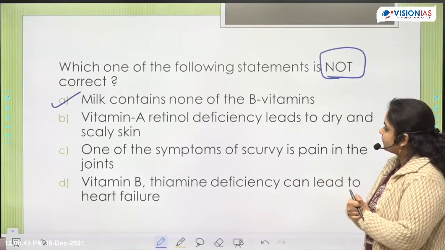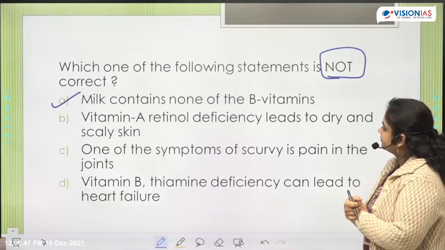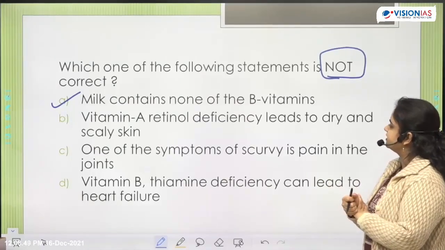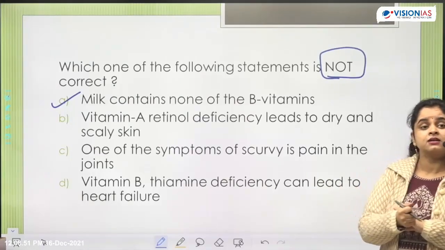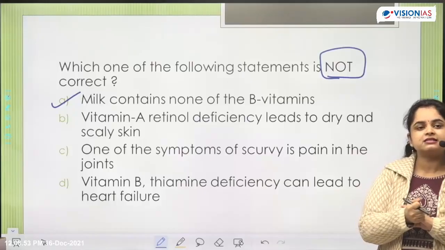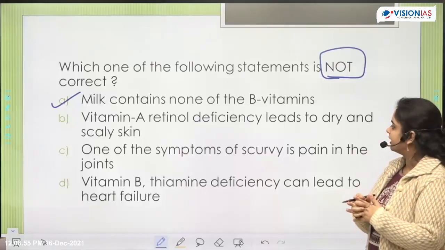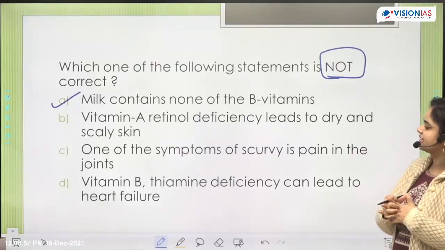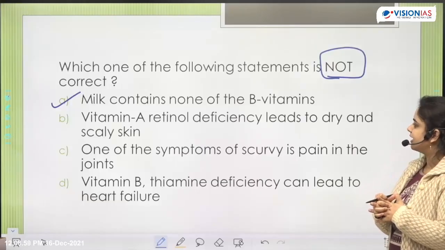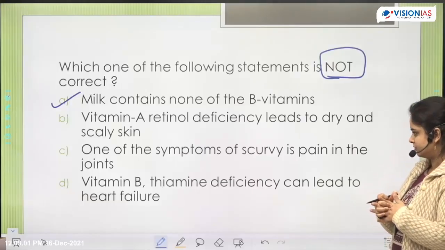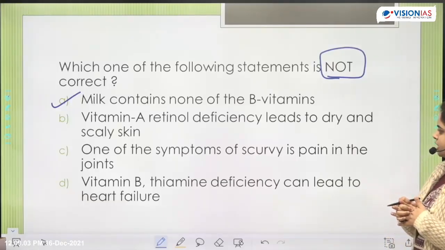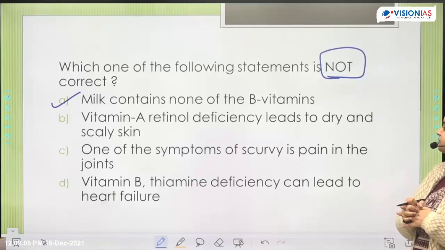Vitamin A, retinol deficiency, because vitamin A is involved in the skin part, right? So its deficiency can lead to dry and scaly skin. After this, one of the symptoms of scurvy is pain in the joints.